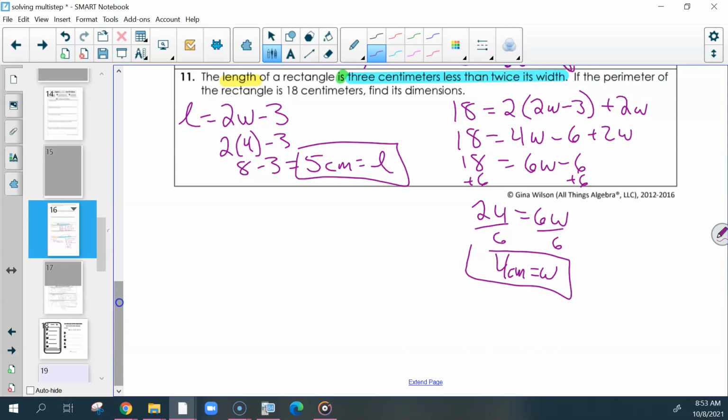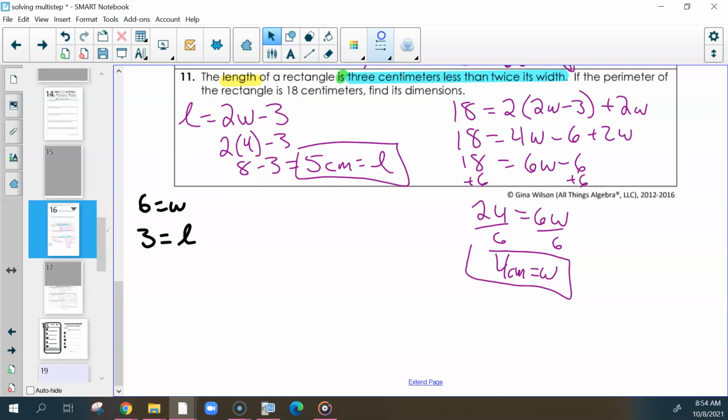Let's see. We're 6 and 3. 6 being your length, you mean? Yeah. No, I mean 6 is width. Yeah, L is length. So already this doesn't make sense because our length has to be 2 times our width minus 3. So that would have to be the other way around.